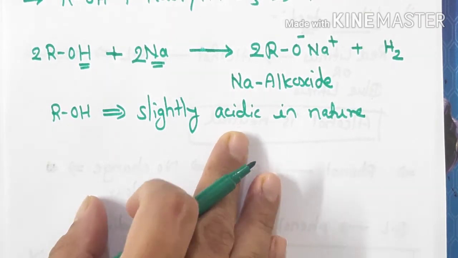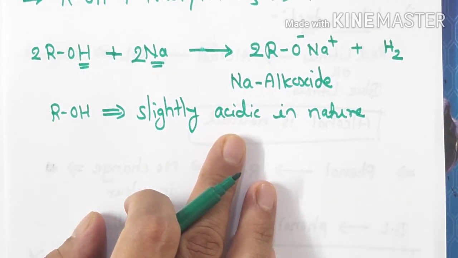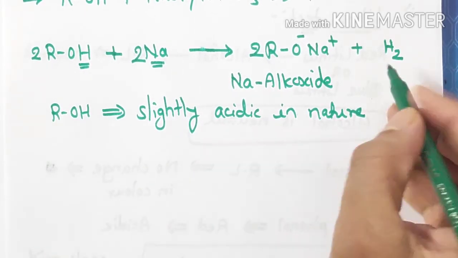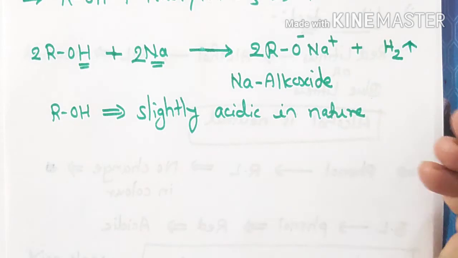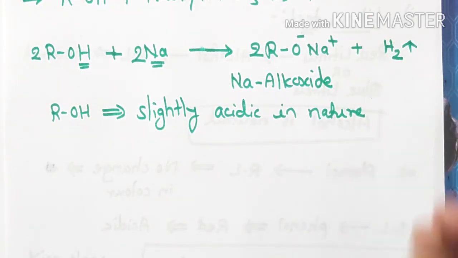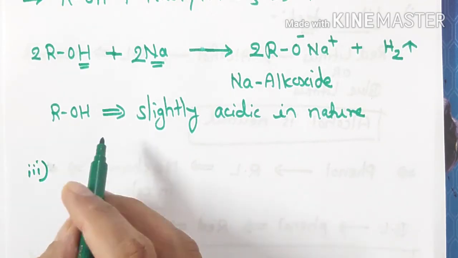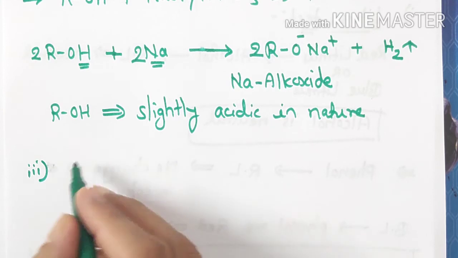Okay, student, understand this much? Right. Here the liberation of hydrogen takes place, so I show it by the arrow. Now, next is characteristic tests for phenol.